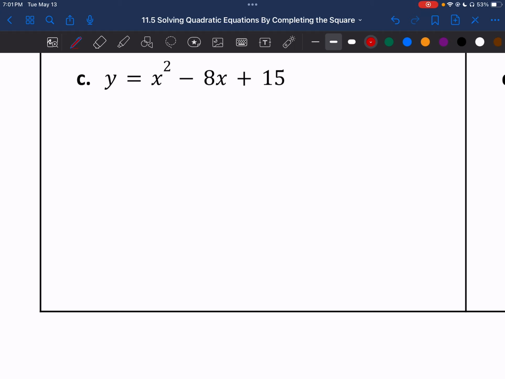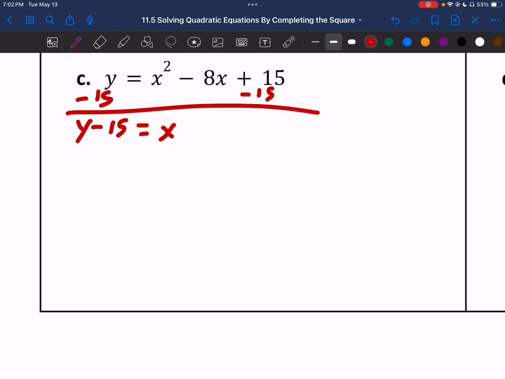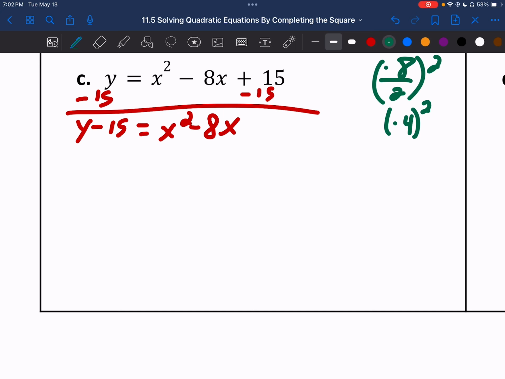So we're going to start off by subtracting 15 from both sides. And we get y minus 15 equals x squared minus 8x. And when we do negative 8 over 2, the quantity squared, that's negative 4 squared, which is plus 16.